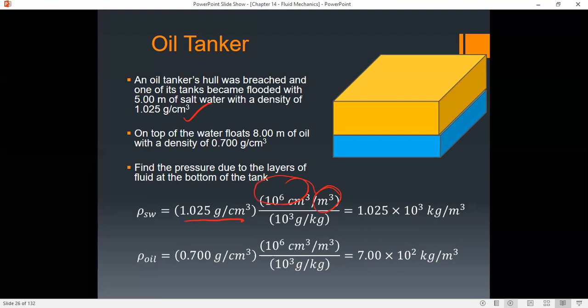A cubic meter is 100 centimeters by 100 centimeters by 100. 100 times 100 times 100 is 1 million. And then we want to convert grams into kilograms, so we divide by 1,000. So very simply, to get the density in kilograms per meter cubed, all we need to do is just multiply by 1,000. And oil is 0.7, so we multiply that by 1,000 as well. Okay, so we have the densities.